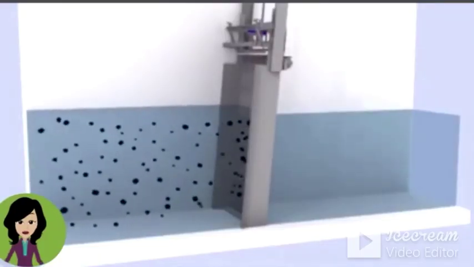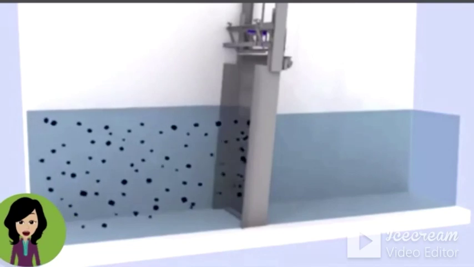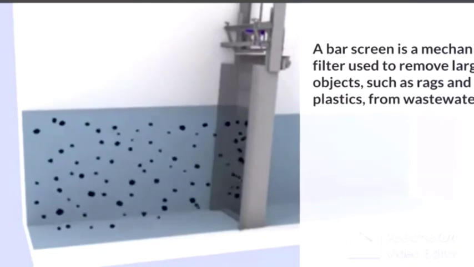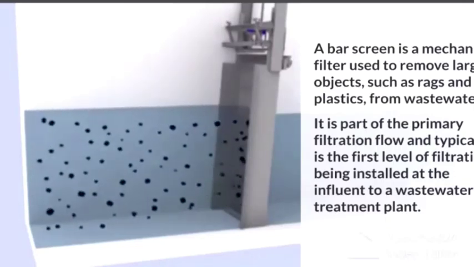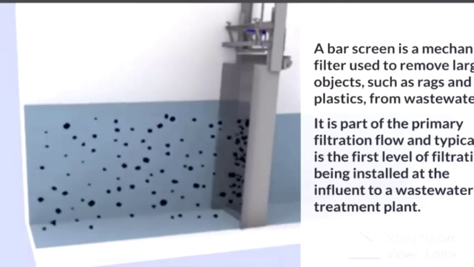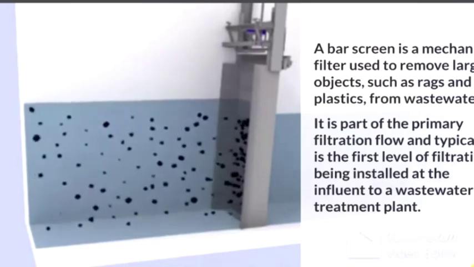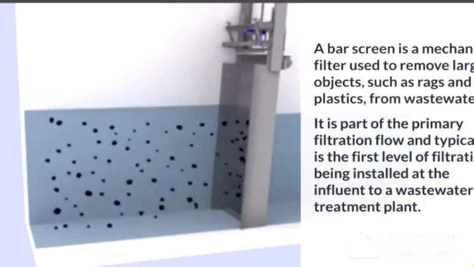Here is the layout of bar screens. A bar screen is a mechanical filter used to remove larger objects such as rags and plastics from wastewater. It is part of the primary filtration flow and typically is the first or preliminary level of filtration, being installed at the influent to a wastewater treatment plant.